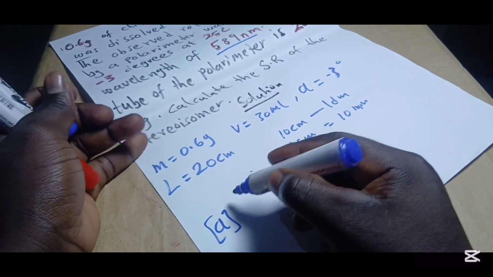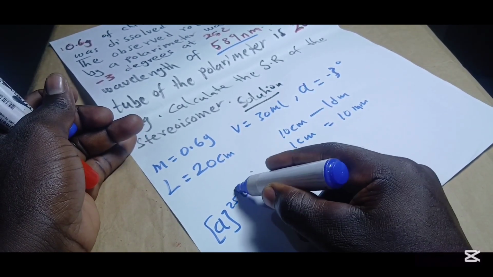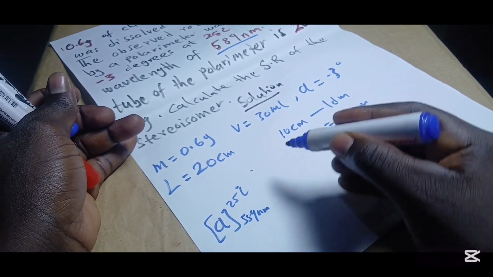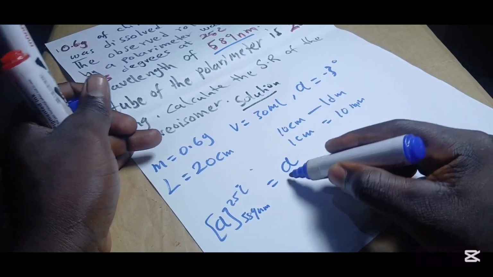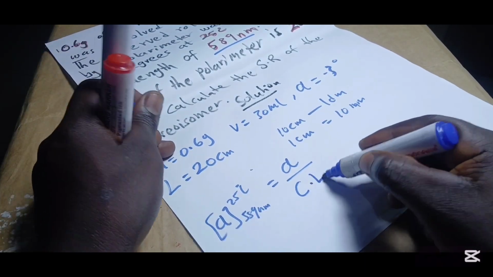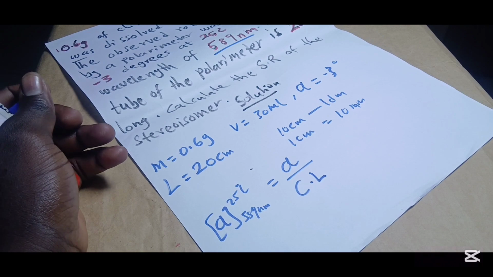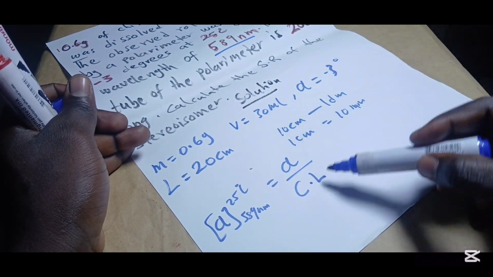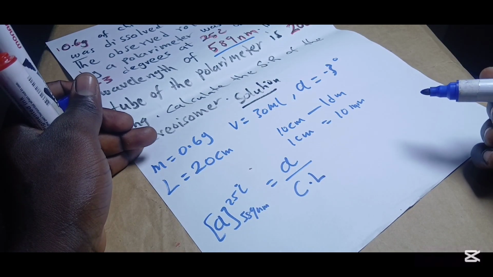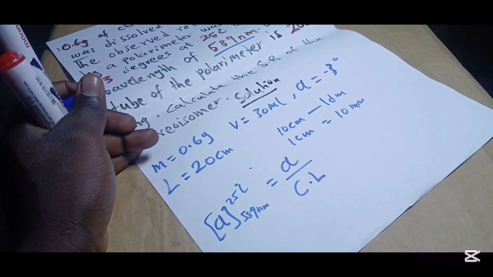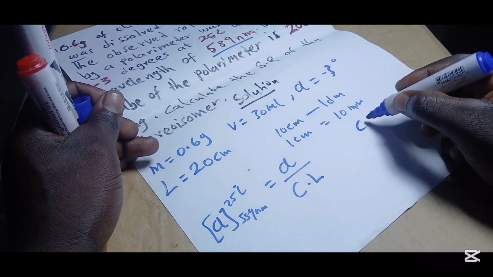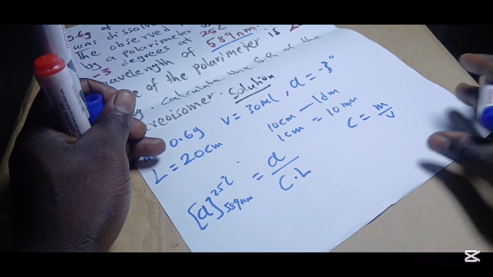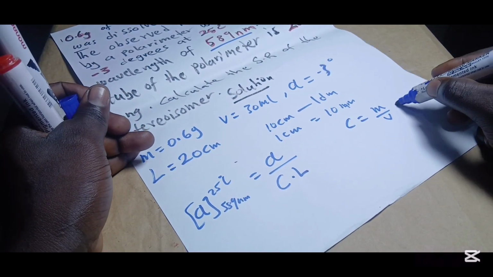Specific rotation, at 25 degrees Celsius, D line, you can indicate the 589 here, nanometers, equals observed rotation over concentration multiplied by path length. Now, we have the observed rotation here. We don't know the concentration. And concentration can be mass over volume. This is the formula for concentration.